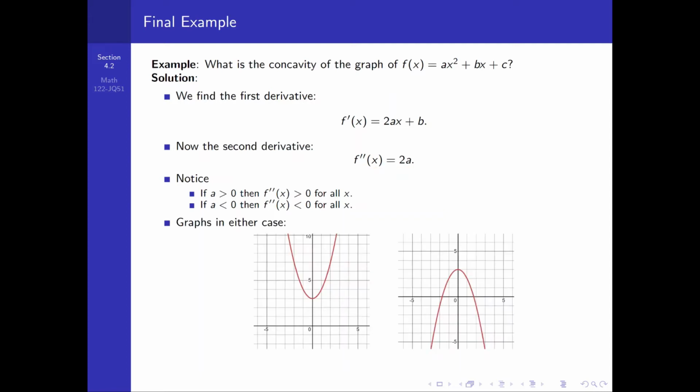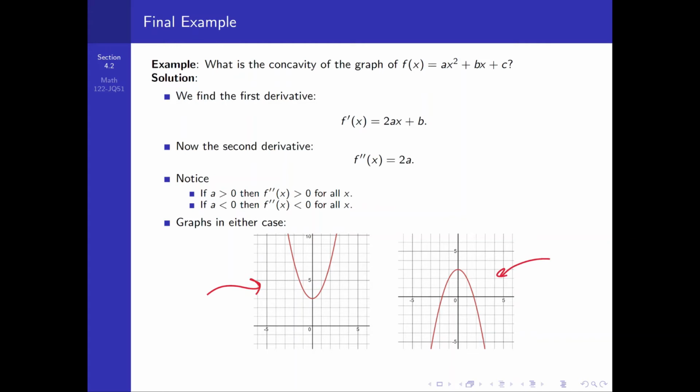So here are the graphs in either of these cases. So if a is greater than 0, we end up with this graph on the left where our parabola is opening upwards. And if a is less than 0, then we end up with this graph on the right where our parabola is opening downwards.